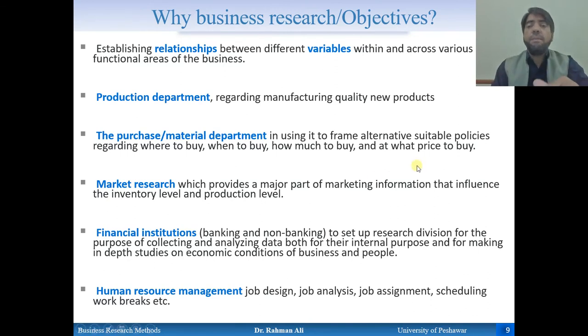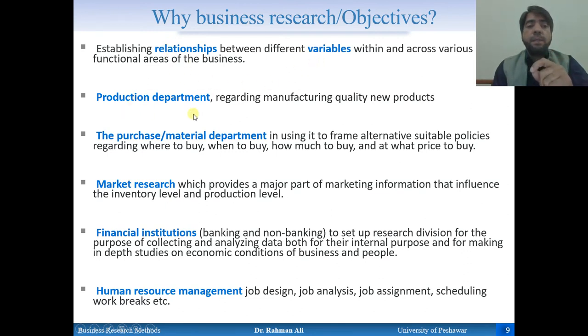Apart from these, some of the other reasons or objectives of business research is to establish the relationship between different functional areas of the business, such as how production is related to the demand of the product in the market, or how the cost price is associated with the product and with the price.